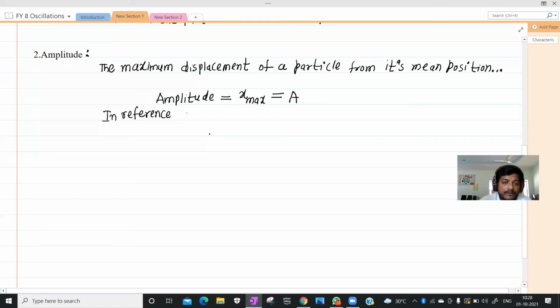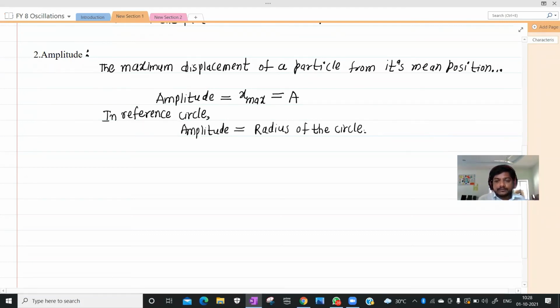In the reference circle, amplitude is nothing but the radius of the circle. And what is the mean position?